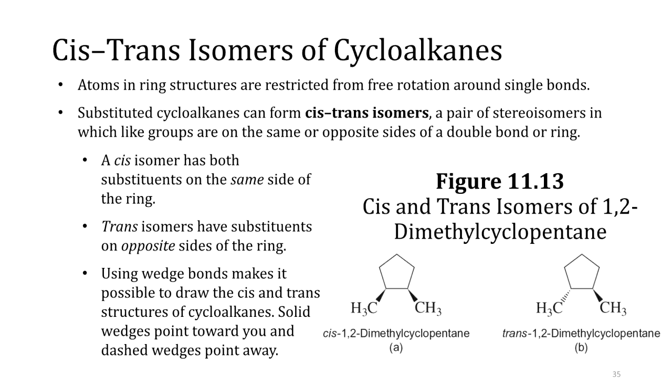Now, if they're both on the bottom, that's the same as both on the top. That's actually exactly the same thing. But they can be up and down. If they're both on the same side, we call that a cis isomer. If they're on the opposite side, we call that the trans isomer.